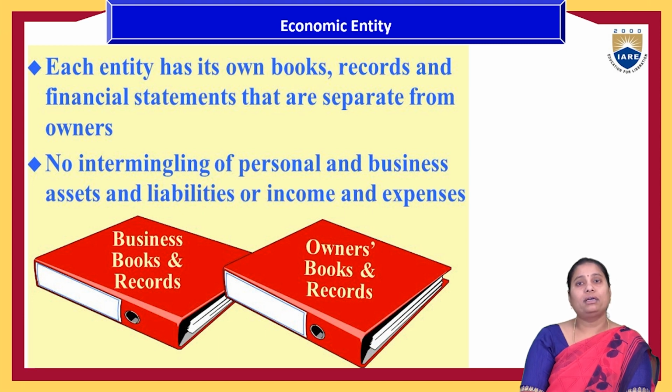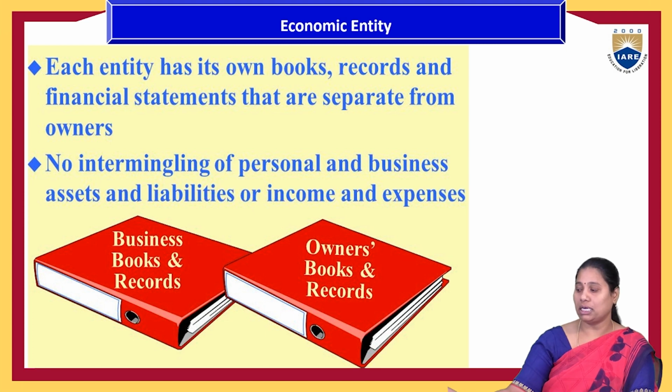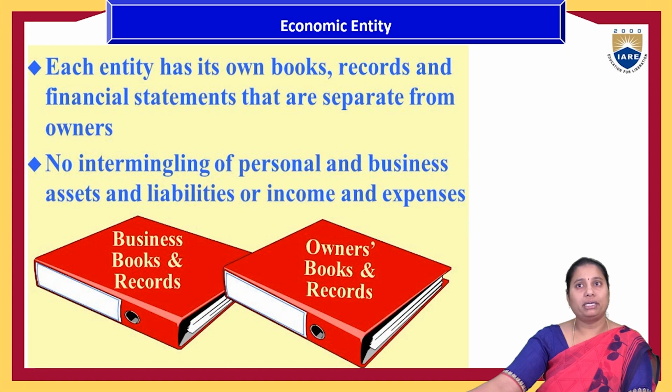The owner is separate, and the organization is separate. So if the owner uses something for his personal use, we have to enter that particular transaction under personal drawings. We should not enter it as an organizational expenditure. That is mandatory.